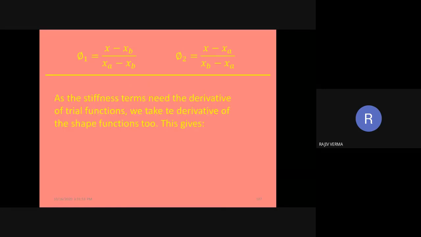Now, as the stiffness terms need the derivative of the trial function, we take the derivatives of the shape functions also.